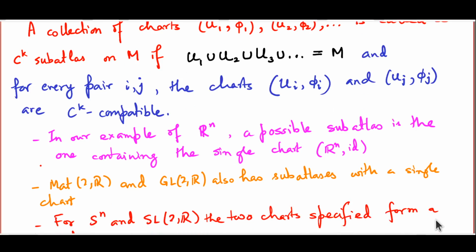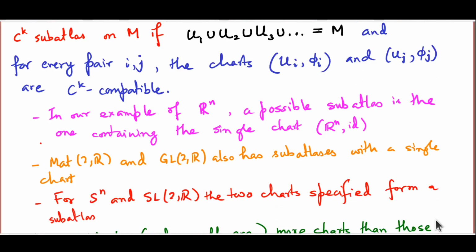Going further, we have just seen that S^n, the n-dimensional sphere, and SL_2(R) are two sets specifically for which a single chart did not work, but we did have two charts, the union of whose domains covered the entire set.